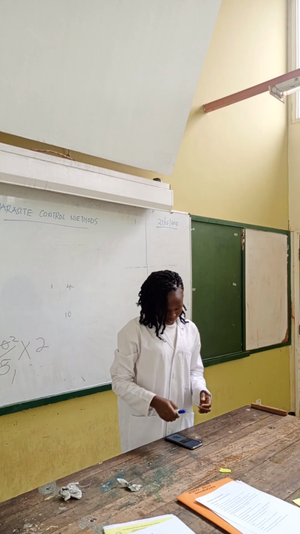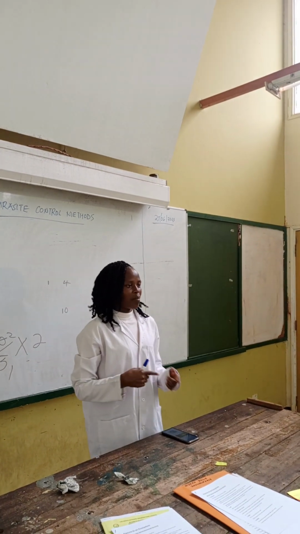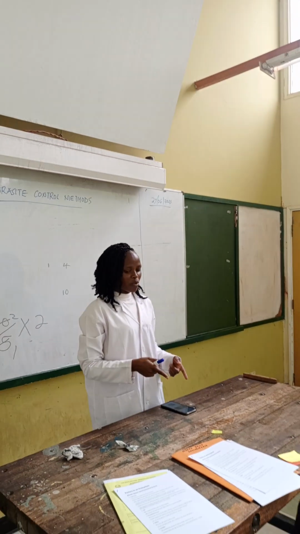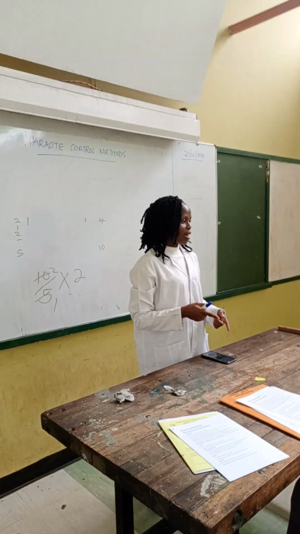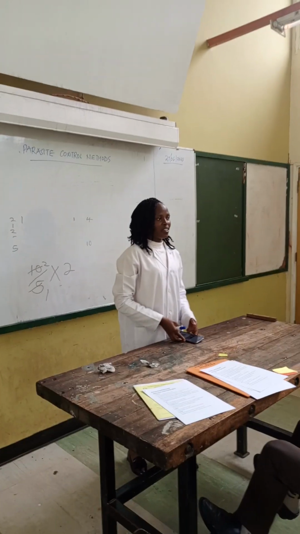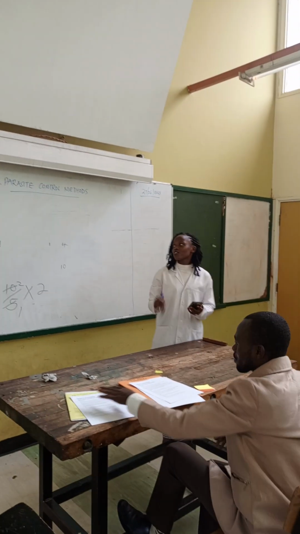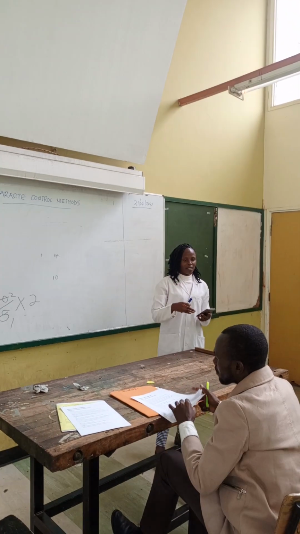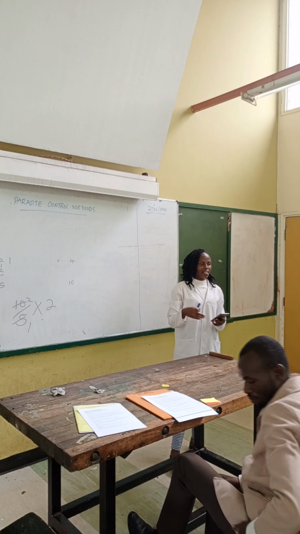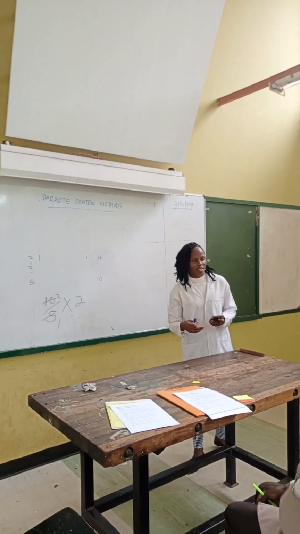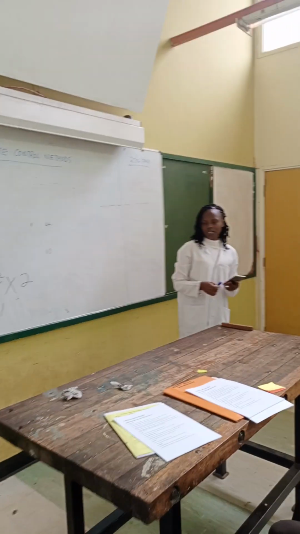Just a while ago, I sent you some pictures in your WhatsApp group. I hope you have managed to look at them. Have you? Okay. I want us to go through the pictures one by one, and then we try and identify the methods that are portrayed by the pictures.